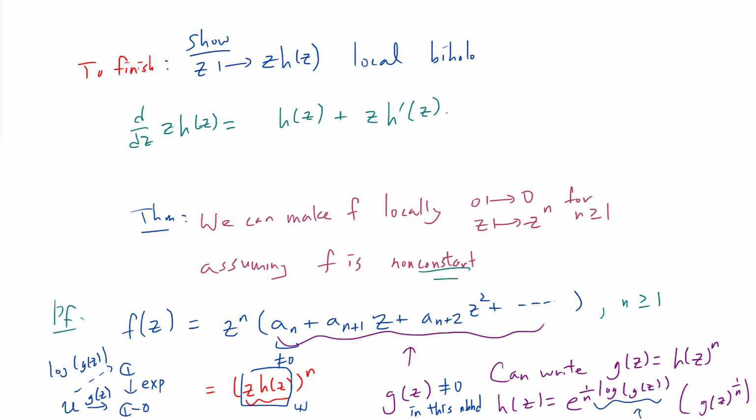When you evaluate this at z equals 0, which is the point in question, this thing becomes 0, and we know h of 0 is non-zero, precisely because g of 0 is not equal to 0, so h of 0 cannot be 0. So by the inverse function theorem, we in fact have this.